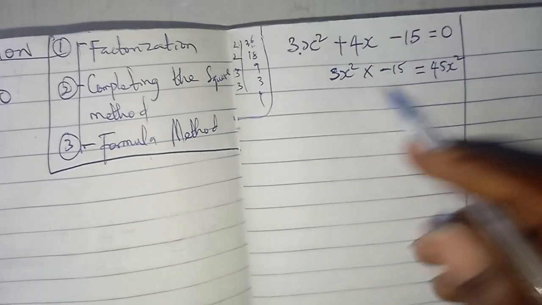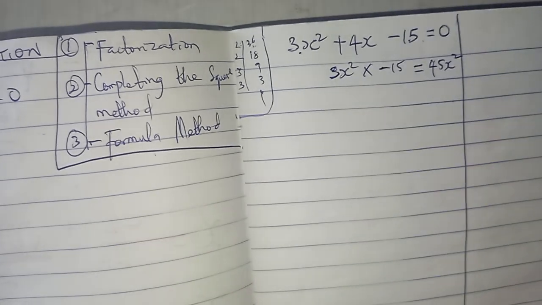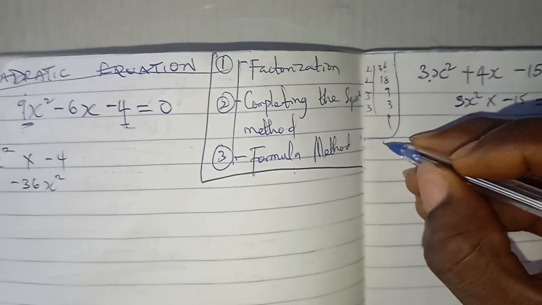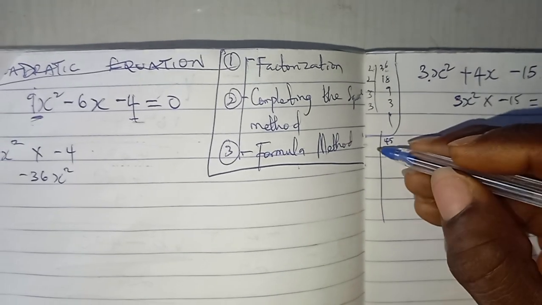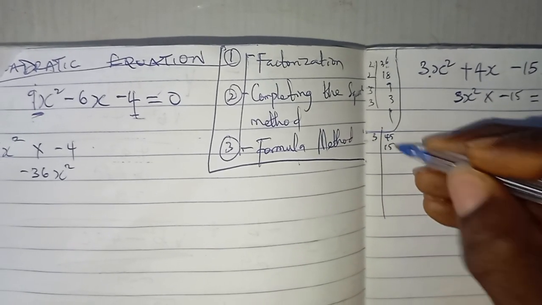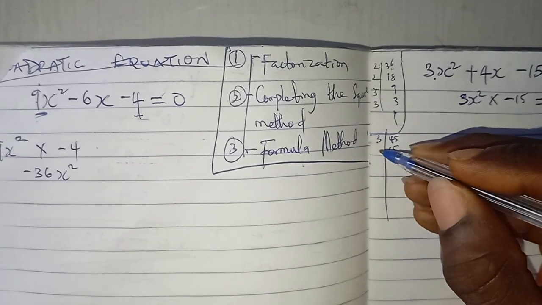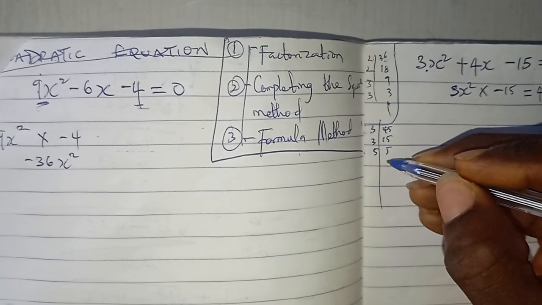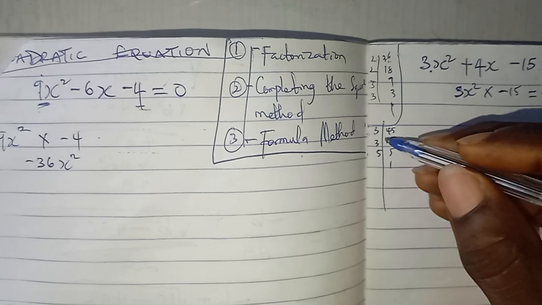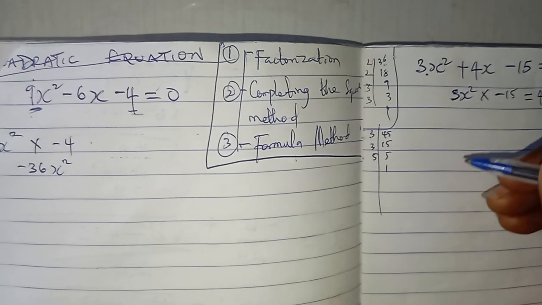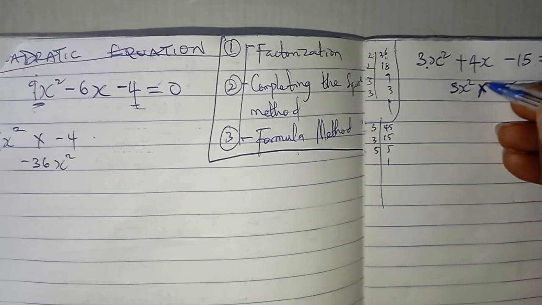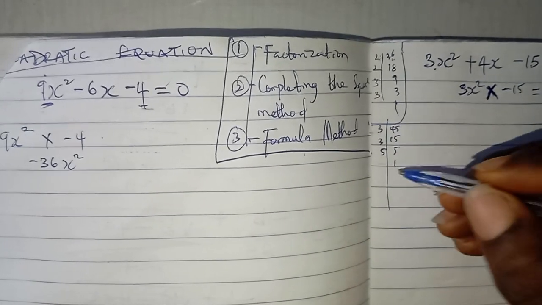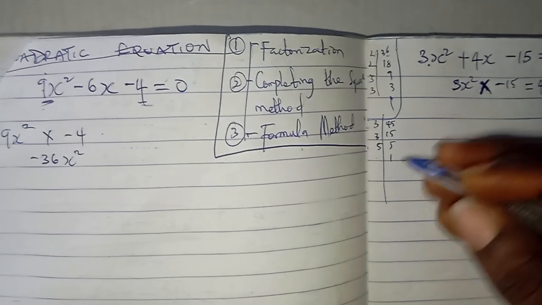I know the factors of 45: 3 and 15, 3 and 5, 5 and 1. And we know that 9 times 5 is the same thing as 45. So I can use this.